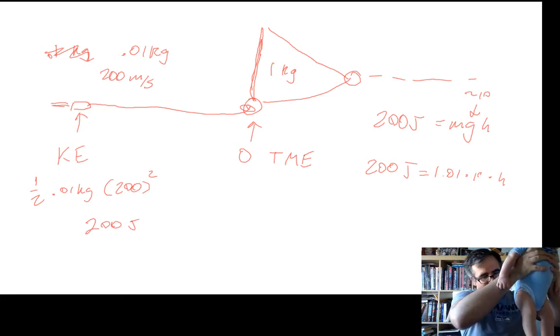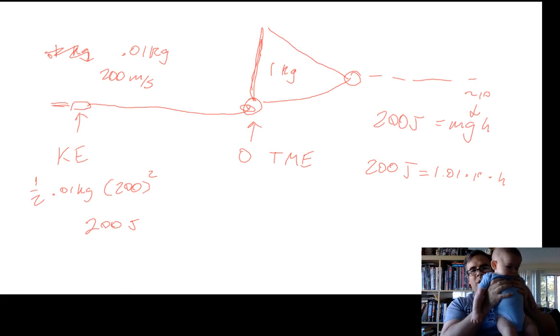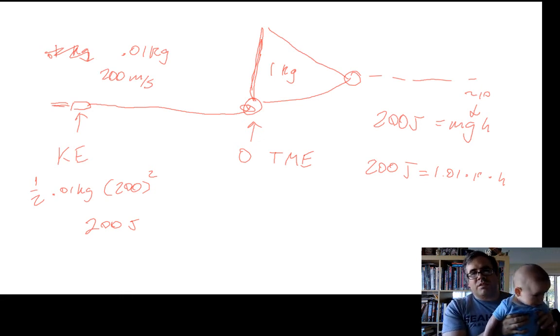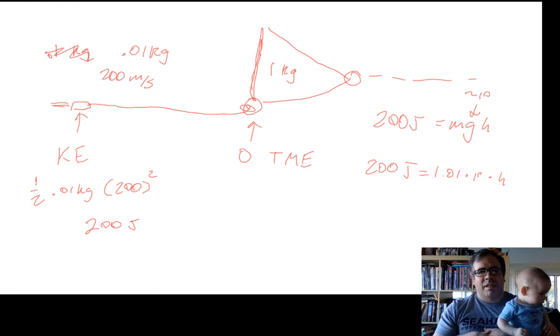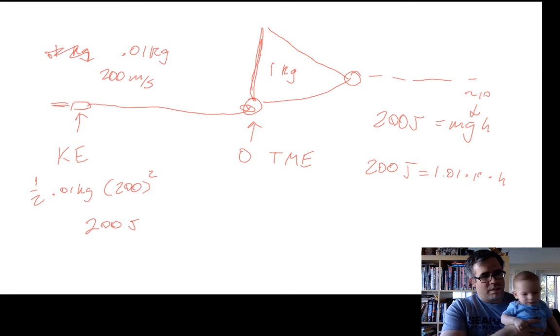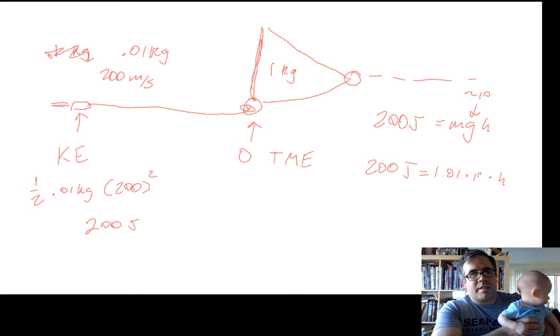Then you've got other complications. No, energy is never lost unless work is done. So in an inelastic condition, yeah, that's an inelastic collision, so the energy is lost by the bullet.